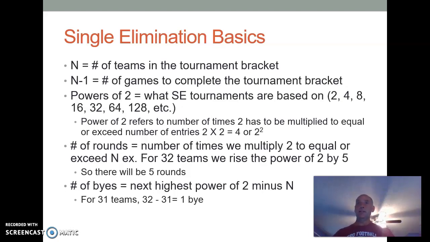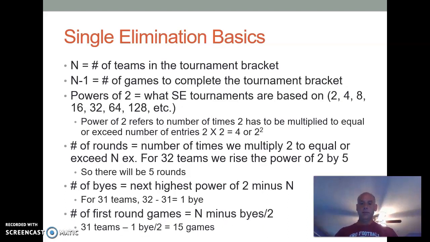We have 1 bye, and that's the example I gave you a second ago. So we'll have one team with a bye in that circumstance. We'll go out 2 to the 5th power, which gives us 32, and then we'll have 1 bye.